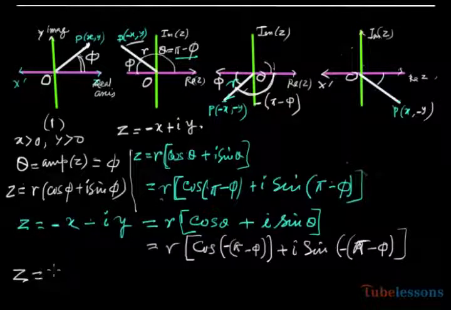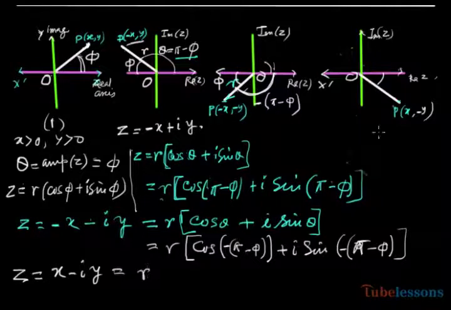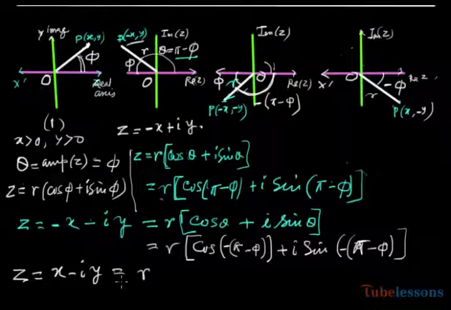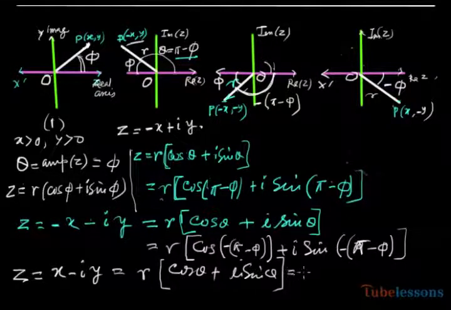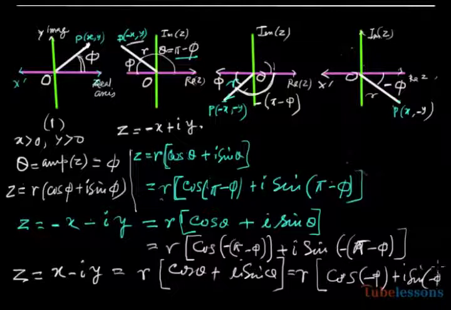So z is equal to x minus iy, and its polar form is r, and this angle is minus phi: cos of minus phi plus i sin of minus phi.